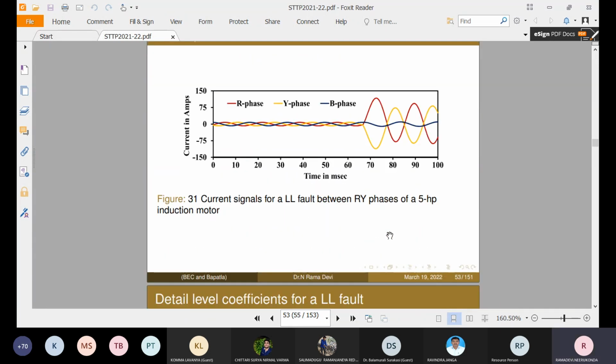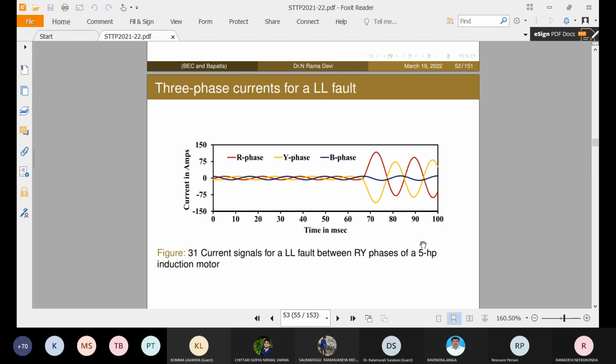So the next fault is the line to line fault. Whenever a line to line fault happens in the system, the change we immediately identify in the fault currents is that the currents of the lines which undergo the fault are 180 degrees phase shifted.